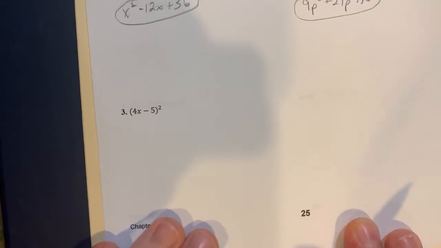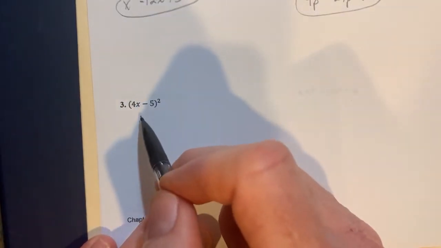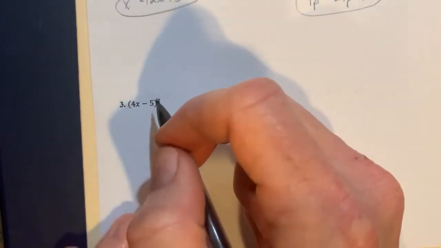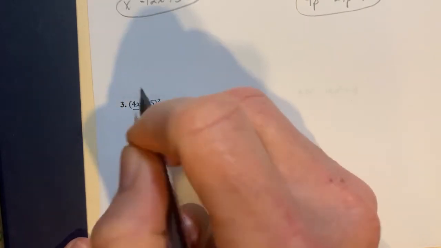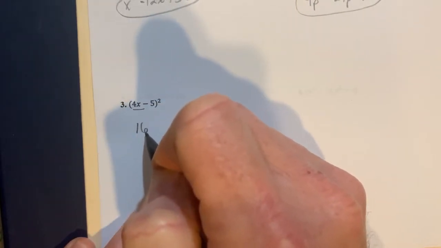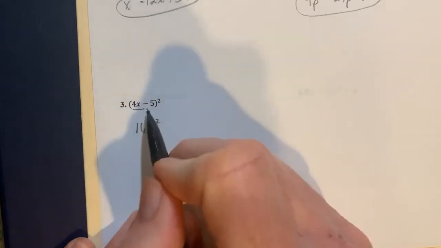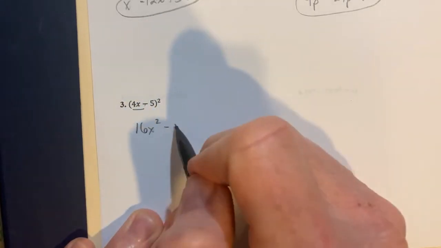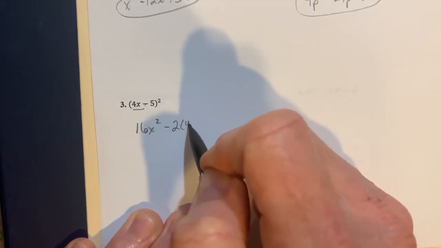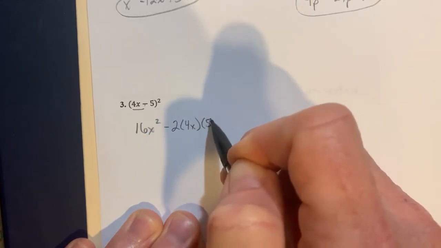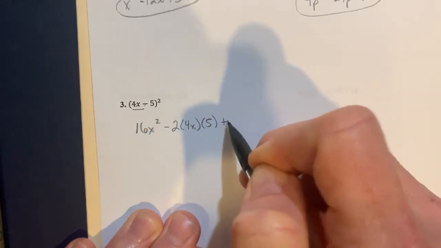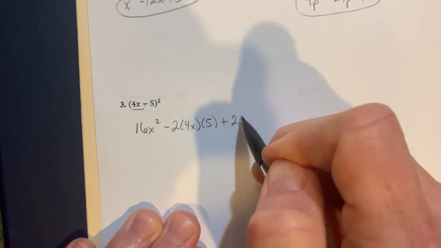One more of these. Okay, this is a square of a difference. All right, so I'm going to take this thing squared. So that's 16x squared. It's a minus sign, so minus 2 times 4x times 5 plus 5 squared, which is 25.